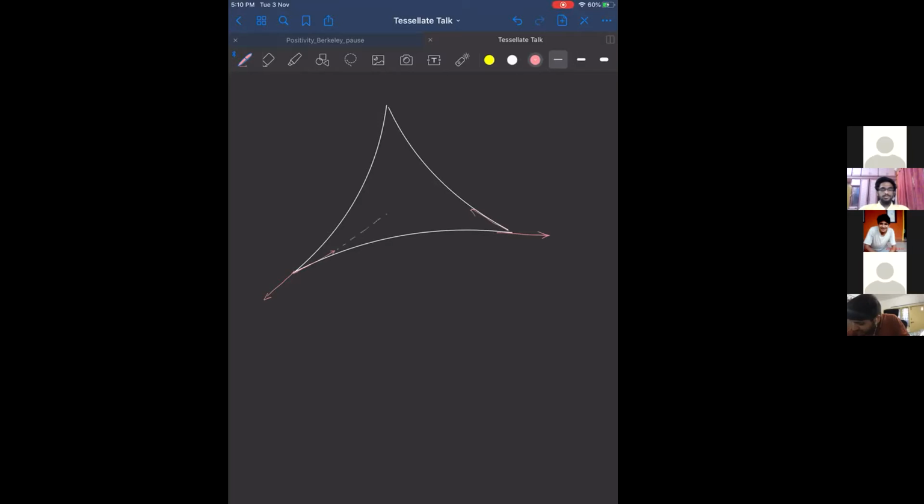The total angle by which your tangent direction changes is basically this angle that I called theta AB, right? My triangle was, this is A, this is B, this is C. So I called this theta AB.